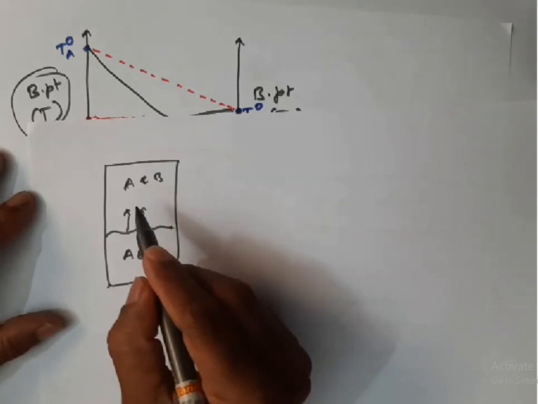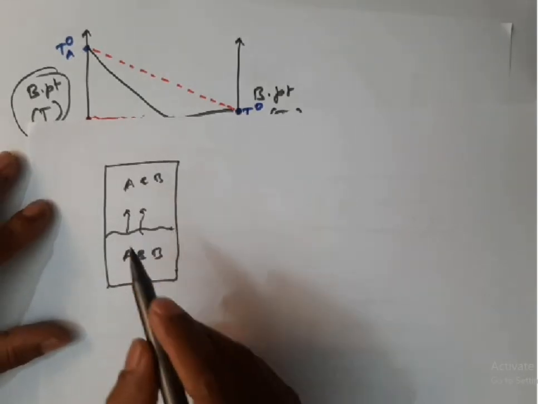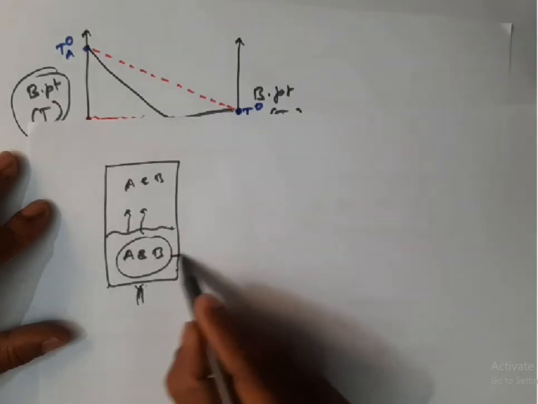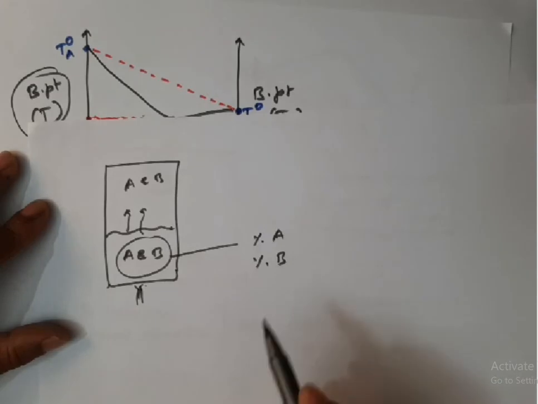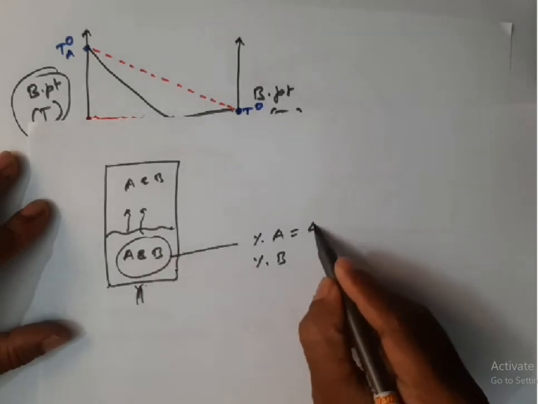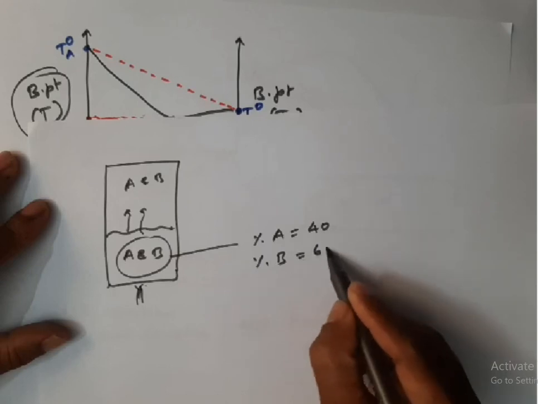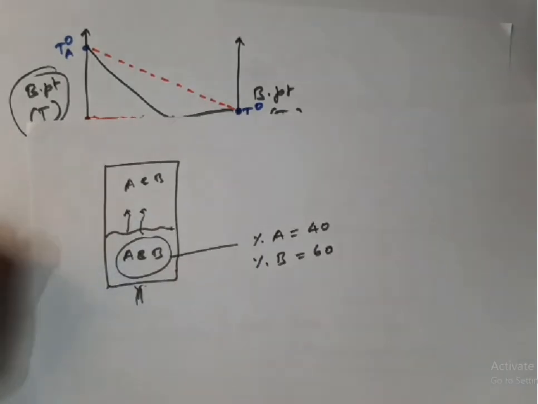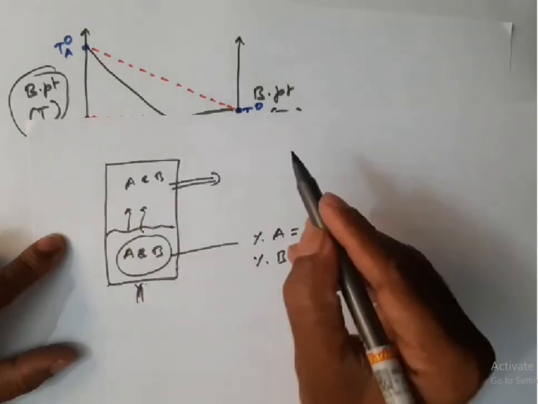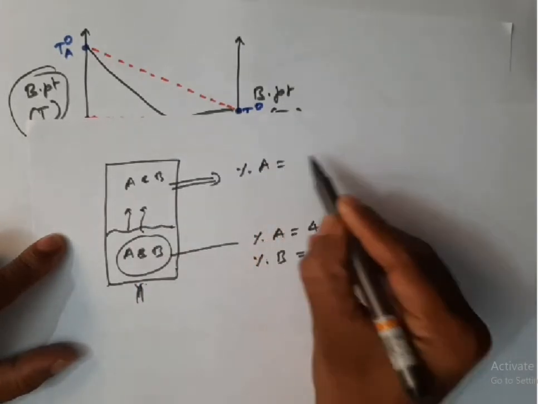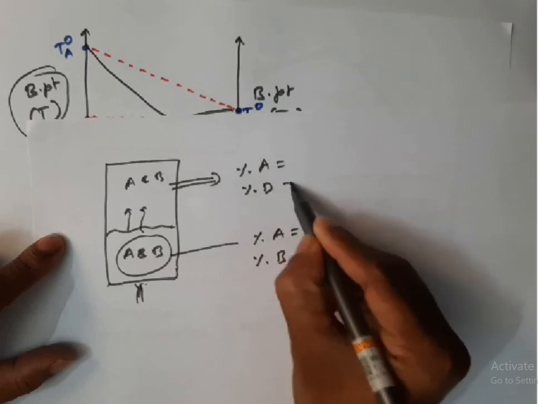Students, observe carefully. Suppose the percentage of A in the liquid is 40 and the percentage of B is 60. Then you measure the percentage of A and B in the vapor state.